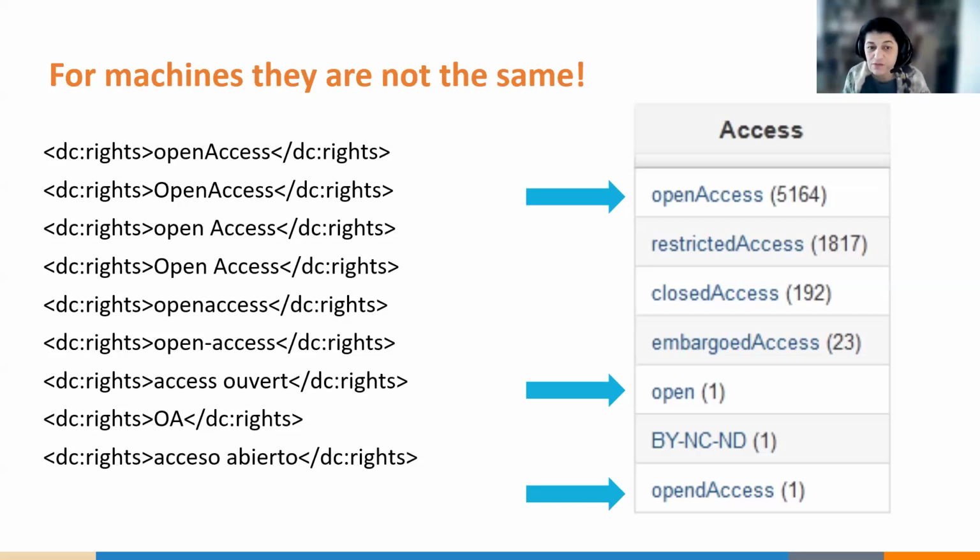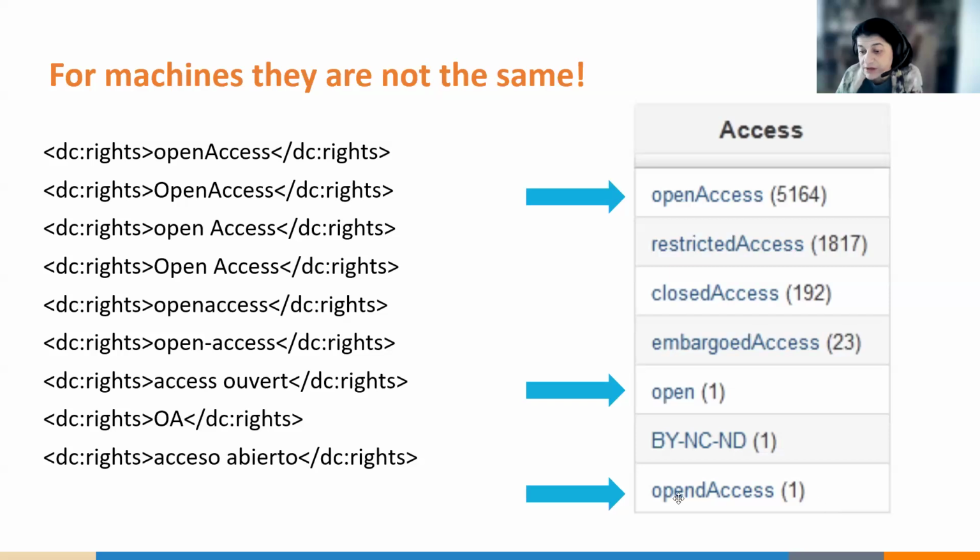It's not the same if you're using capital letters, if you're using small letters, if you're using any dashes or hyphens, etc. Or if you put this information in different languages. So on the right, you can see how a repository interprets this information. So you can see that, for example, somebody made a typo or somebody wrote just open, and the machine didn't understand that this is the same as open access. It's separate.